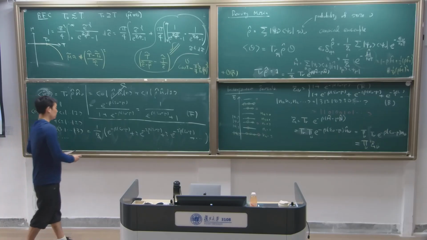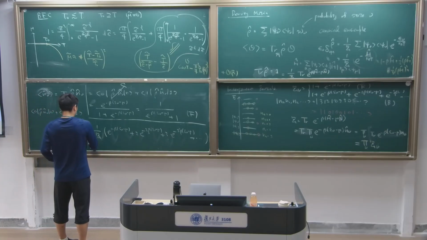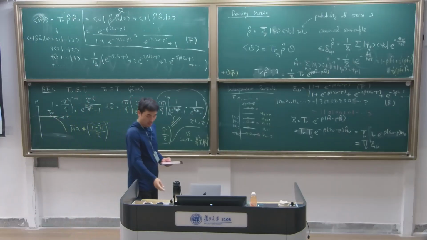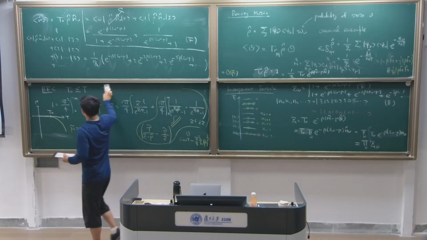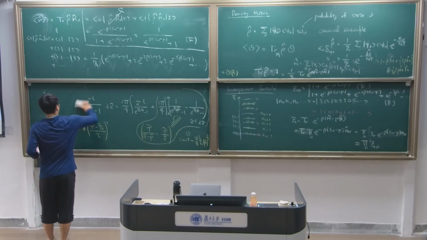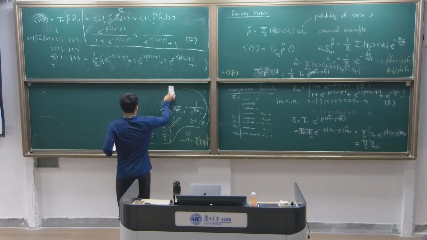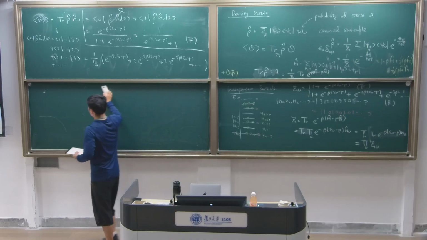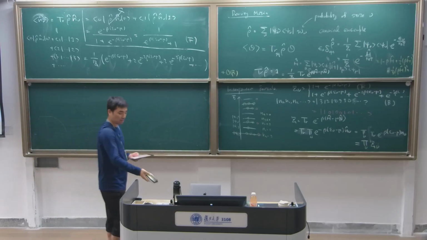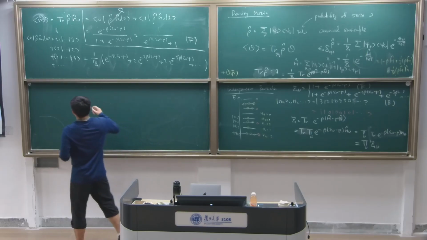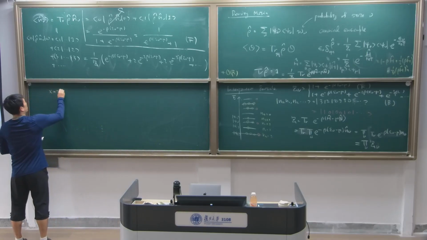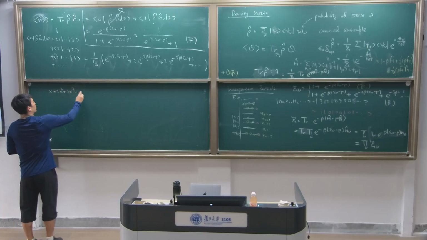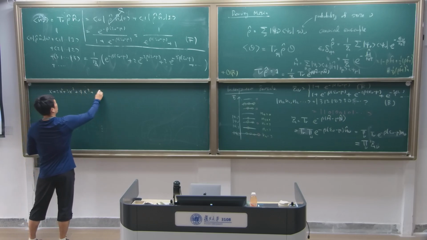So what's this? If you plot out the computation, what's this number? x plus 2x squared plus 3x cubed plus 4x to the fourth plus dot.